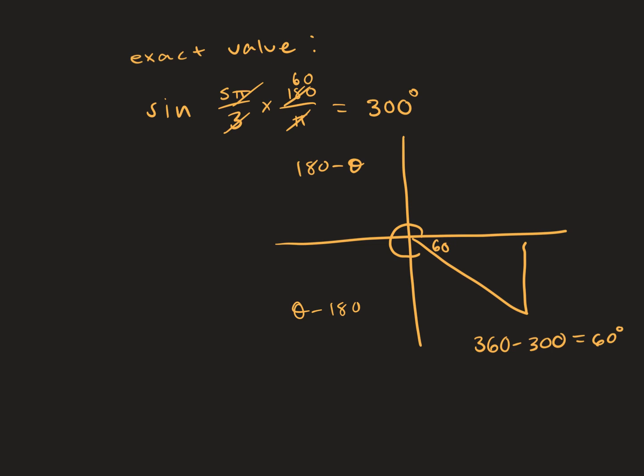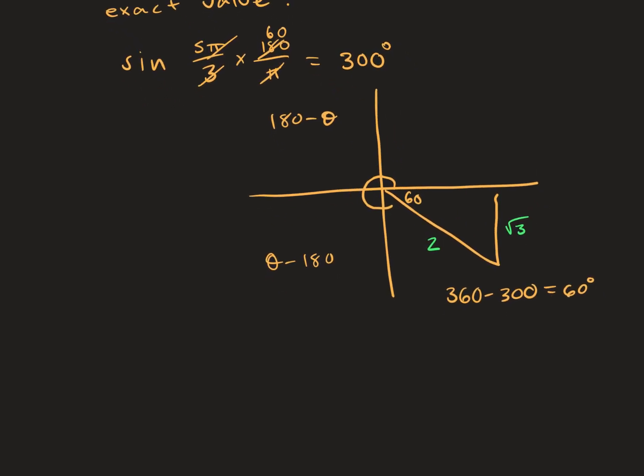All right, and we're finding the sine. What is opposite of 60 degrees? x square root 3, or just square root 3. What's our hypotenuse? 2x, or just 2. We don't need it because it'll cancel out.